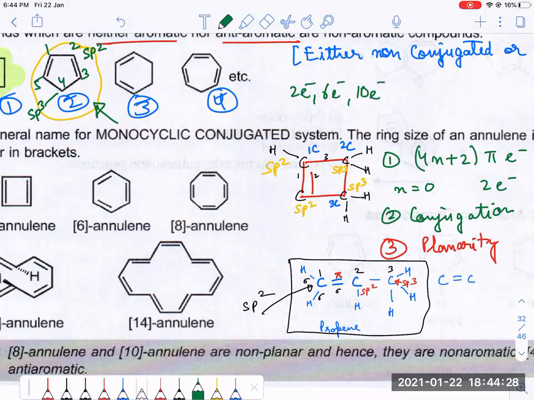Only these are valid. You can easily calculate it by putting the value of n as 0, 1, 2. For 0, 2 electrons. For 1, 6 electrons. For 2, 10 electrons. So in the second structure, the number of electrons is only 4, and hence it is not following the 4n plus 2 pi rule.